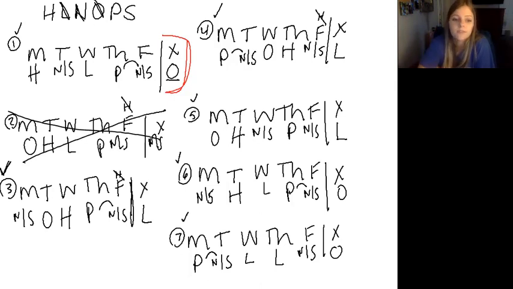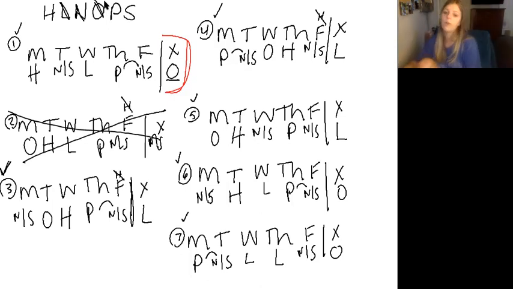Which leaves me with C, Old Town. And that actually, yeah, that has to be true, because if O is in there, H immediately has to follow it, and we know that H can't be on Friday. But we also know, because of our diagrams, we don't have one where O is on Thursday.